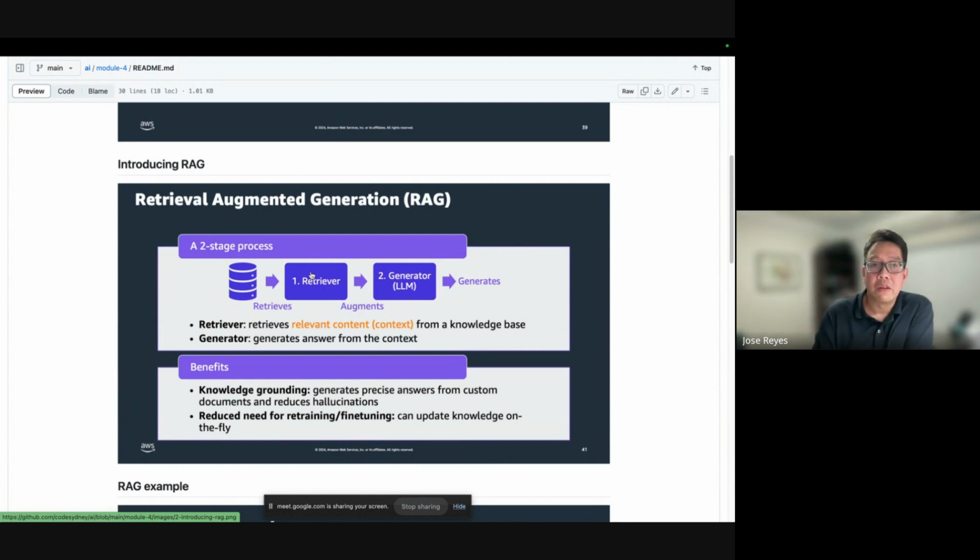So that's what it is. The first step is retrieval, and the second step is stuffing or putting all the context in and augmenting the request to the generator. Question?